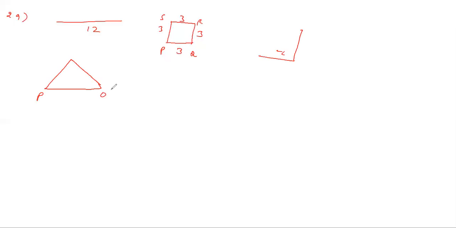So base is same, PQT. So this is 3 and these two are same. Then what is the area of triangle? So if this is 3, remaining length is 9. Isosceles triangle means this is 9 by 2, this is 9 by 2. Okay.